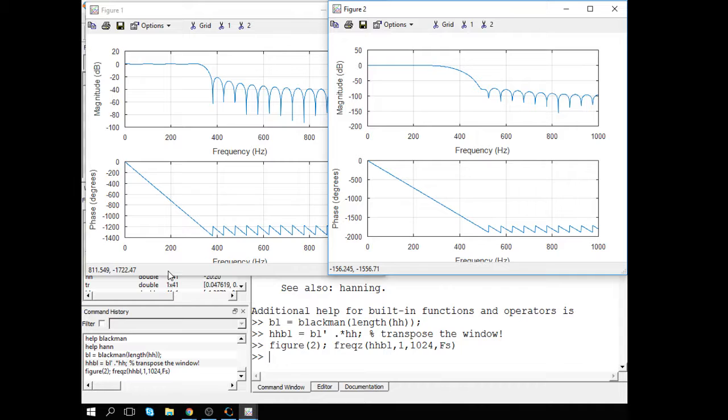You have something like 70 dB stop band attenuation, which is about 12 bits of signal to quantization noise ratio. Good. And that was just a low pass filter.